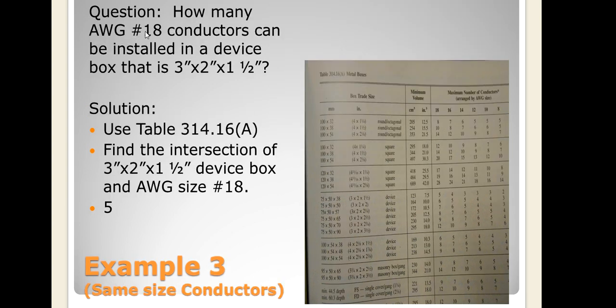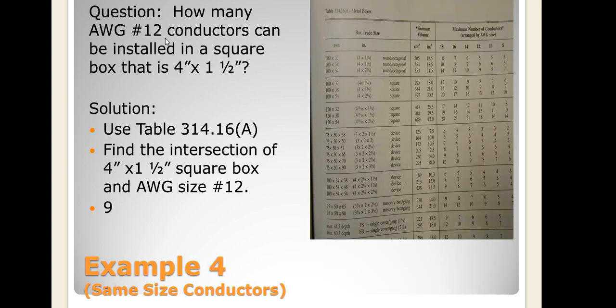How many number 18 conductors can be installed in a device box that is 3 by 2 by 1 1/2? You find 3 by 2 by 1 1/2, and you find size number 18 conductors, and you see that 5 size 18 conductors can fit in that box.